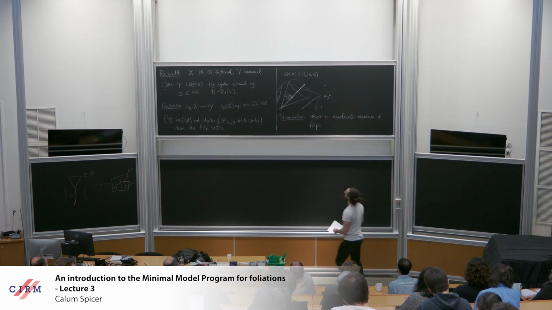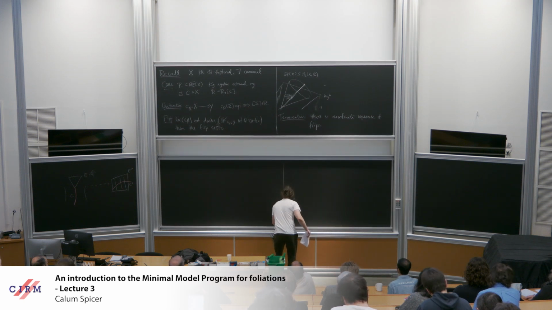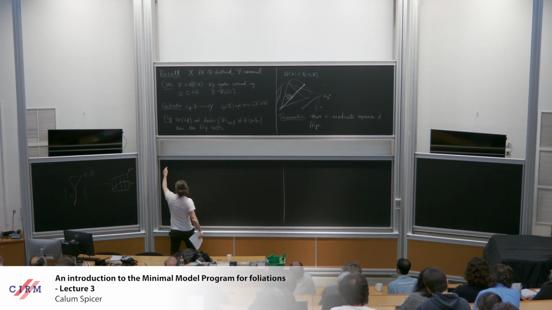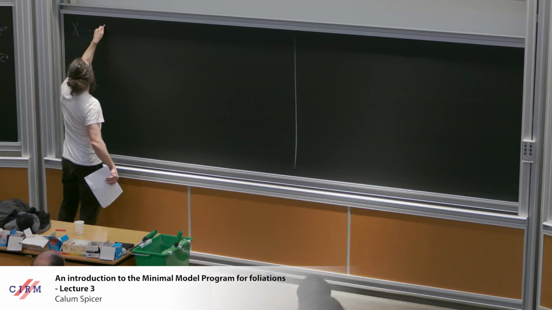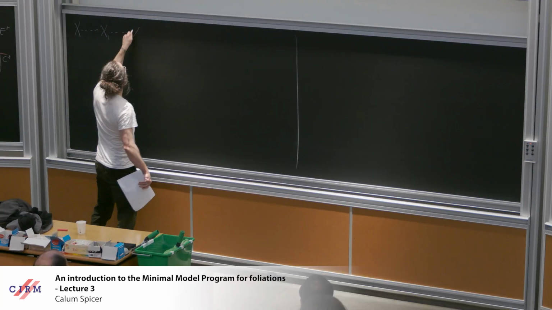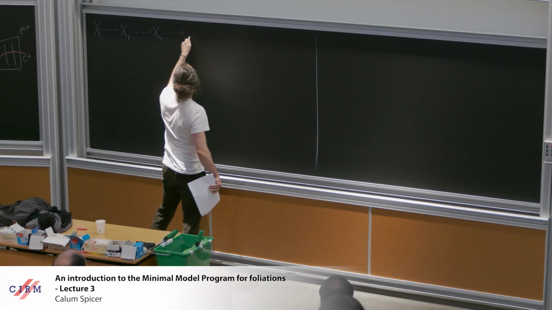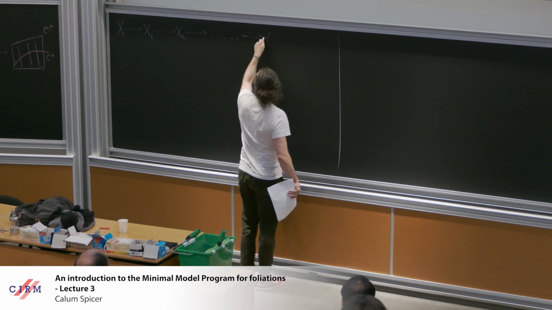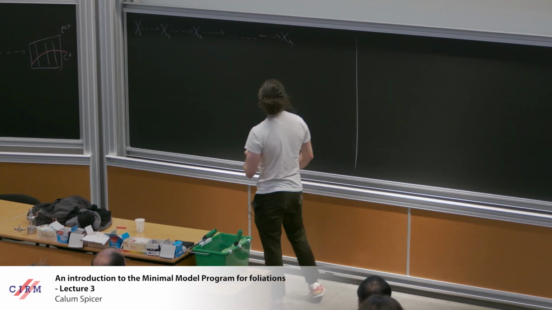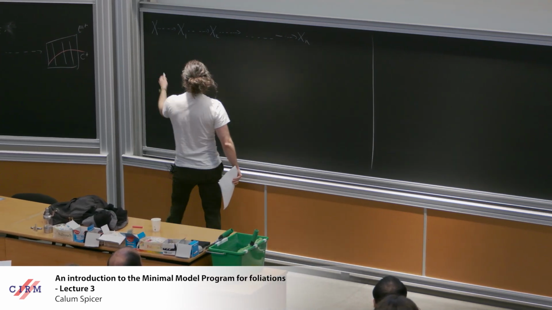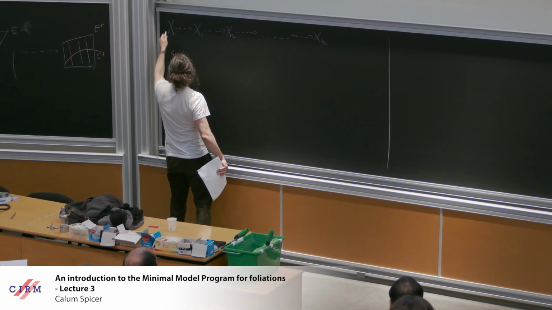And this would give us what we call a minimal model program. So starting with X, we would produce a sequence of birational maps, X to the n, such that one of two things happened.